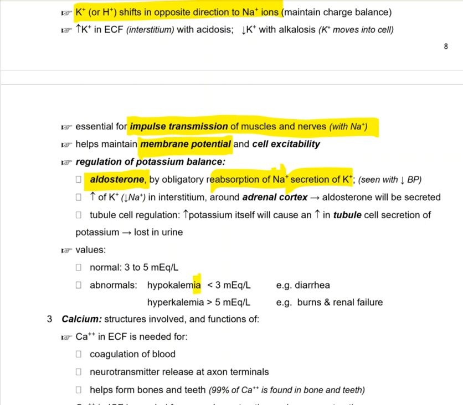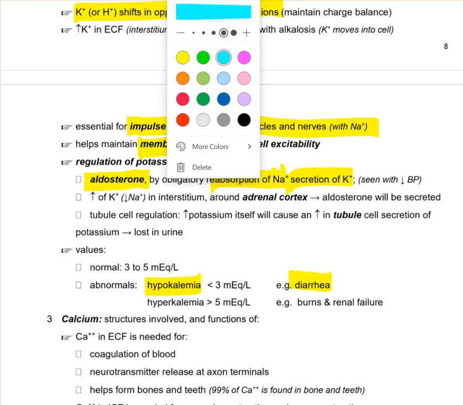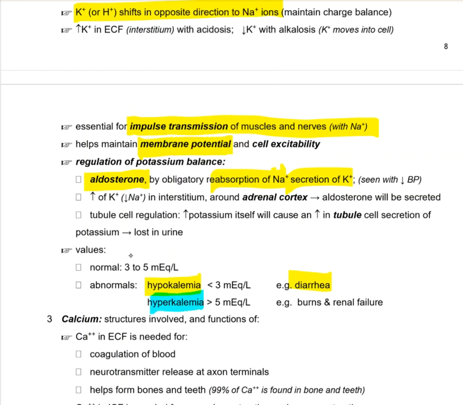We have hypokalemia, and we have hyperkalemia. Those are our normal values right there. And so if we have low levels of potassium, sometimes we can get diarrhea forming because of water shifts. If we have hyperkalemia, too much, we sometimes see this in burns.